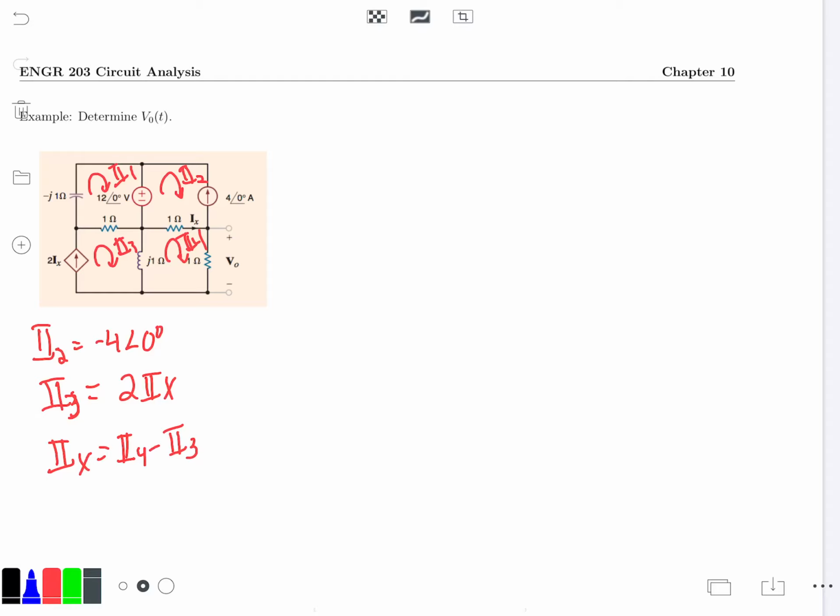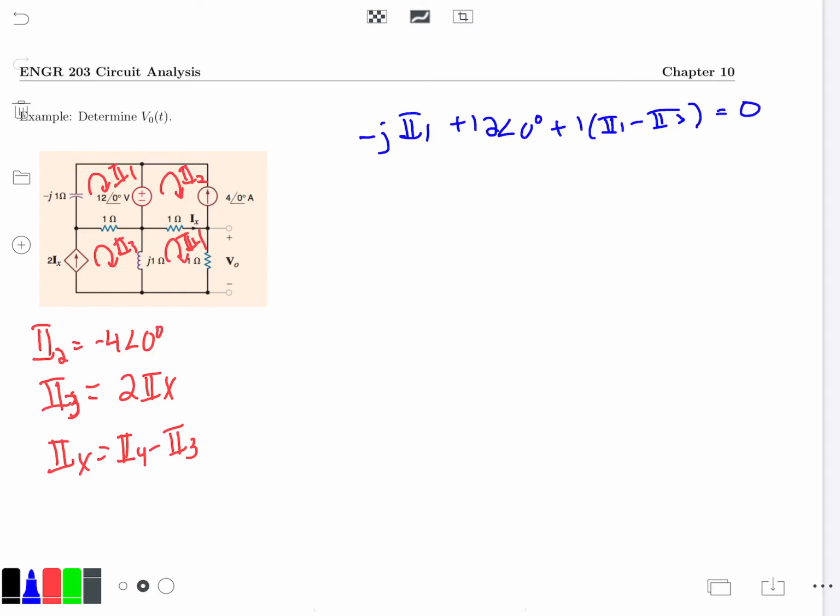So for the first loop, I'd have negative j times I1 plus 12 angle 0 plus 1 times I1 minus I3 equal to 0.